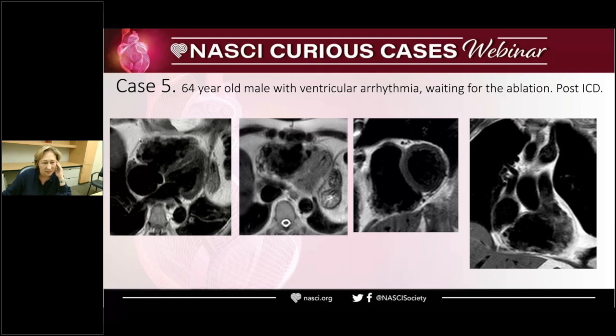All right, so we're looking at the axial images, short axis, and the coronal images as well. The left ventricle looks okay. The gross abnormality that really jumps out and is very prominent is that the size and contour of the right ventricle is very abnormal, right?